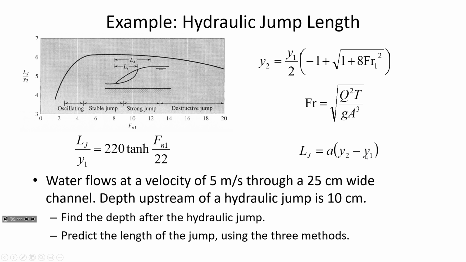So the flow rate, 0.125 cubic meters per second, squared times the top width of 0.25 meters, divided by G, which is 9.81 meters per second squared, times the area, 0.025 square meters, and we need to cube the area, and then this entire quantity we take to the 1/2 power.